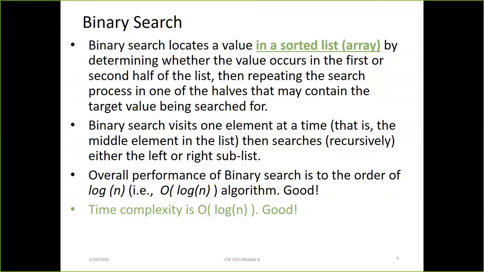The complexity of the binary search algorithm is log n, base 2 log n. But there is a limitation: your list must be a sorted list. If you know ahead of time that your list is sorted, then you can use the binary search algorithm.